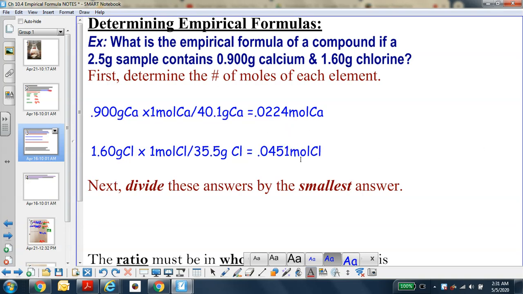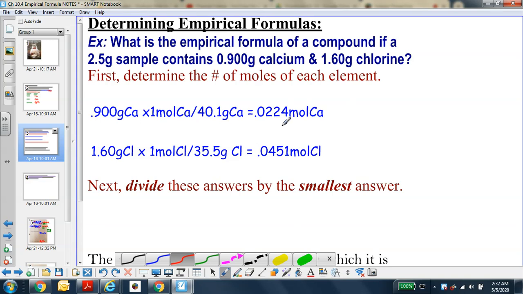Okay, so here's our 2 answers. What we want to do now is determine which of these answers is the smallest. And it turns out that 0.0224 is smaller than 0.0451. And what we are going to want to do now is to divide both of these answers by the smallest answer. So I'm going to switch to a pen now.